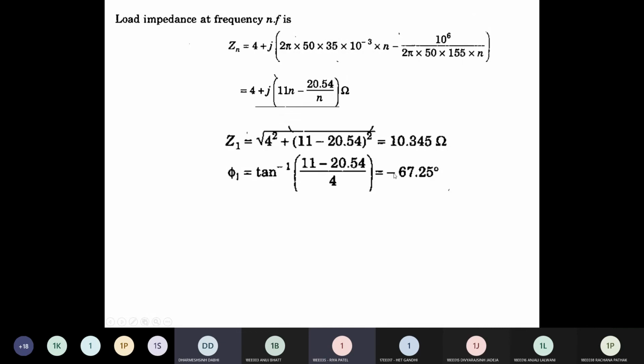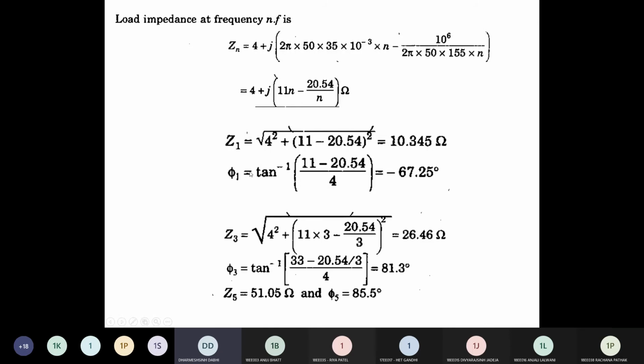Phi 1 is 67.25. When we calculated the load current, at that time we calculated phi 1 for the fundamental component, then phi 3 and phi 5. Clear? The last question says to calculate the thyristor and diode conduction time assuming there are no harmonics.